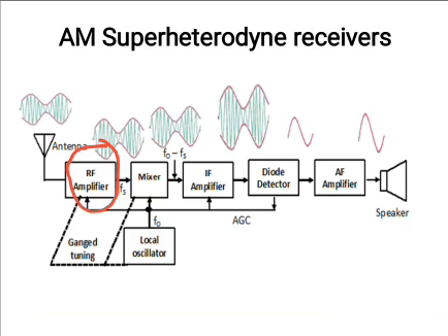Tuned means in this it is having a tank circuit. That means it is a combination of L and C. You know the frequency F equals 1 by 2 pi square root of LC.